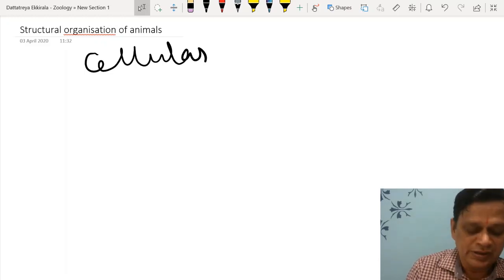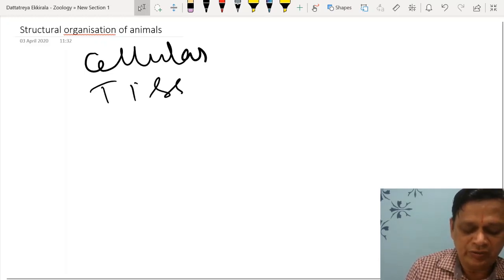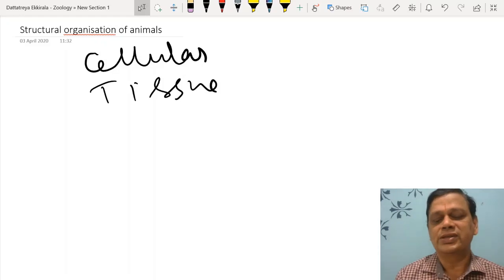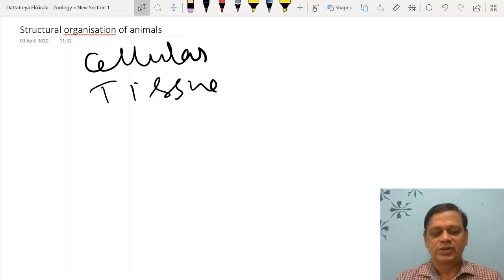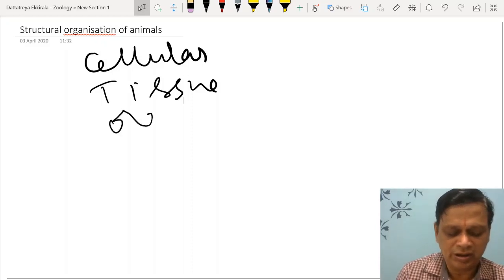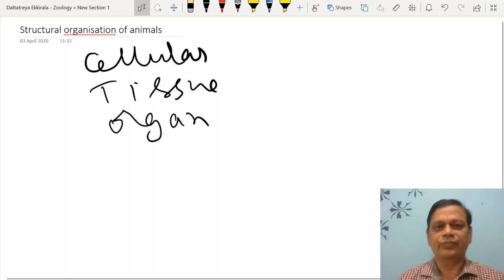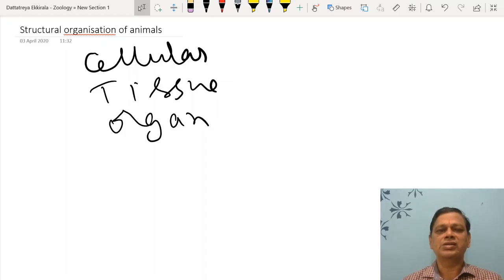Then you can see tissue grade of organization in the case of Cnidaria and Ctenophora. Similarly, the organ grade of organization can be seen in Platyhelminthes onwards. So organs are present from Platyhelminthes to Chordata, all the groups. But there is an increasing complexity from one group to another group.